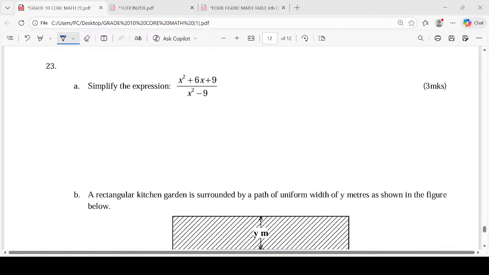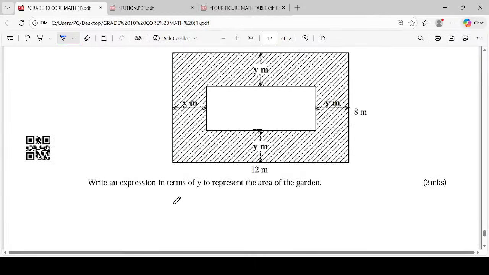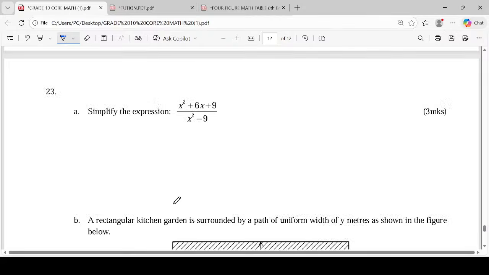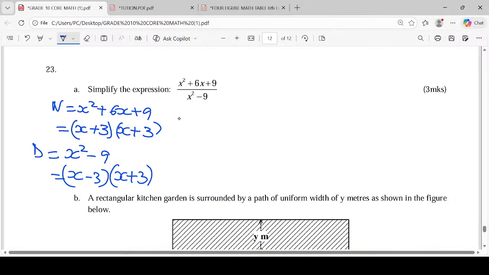We are now looking at question number 23, which is the last question of discussion. Simplify this expression. The numerator, x squared plus 6x plus 9, can be written as x plus 3 all squared.